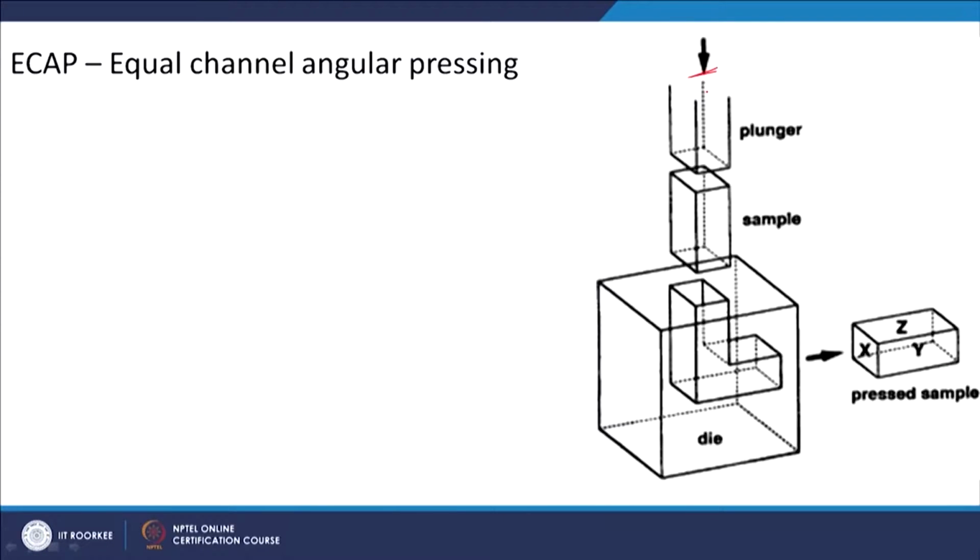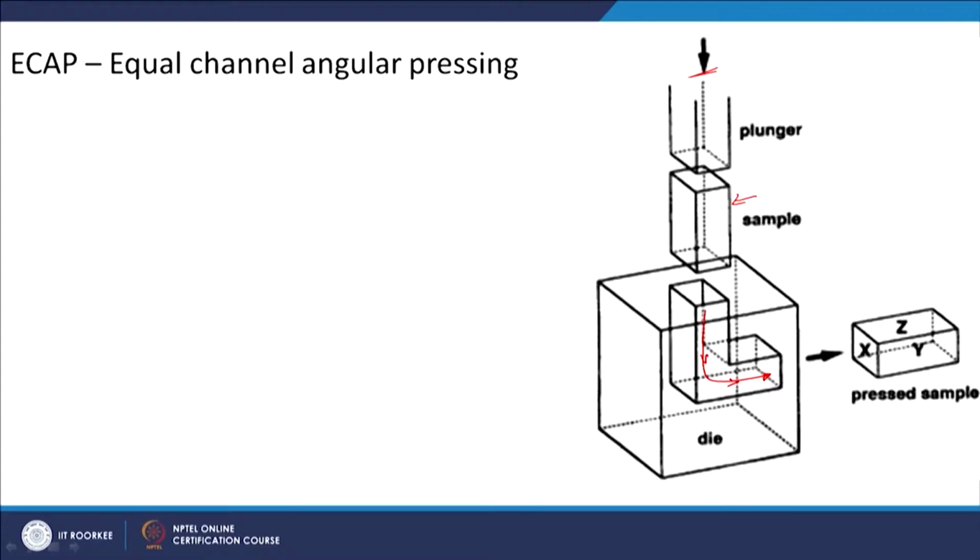You can see there is a plunger here, and your sample block is like a cuboid, and you have the same size of cavity in the die. You put the material and force it to go through the die, and the material will flow in this direction and come out of the opening here. Because we have kept the whole channel size the same, the same size of block will come out.